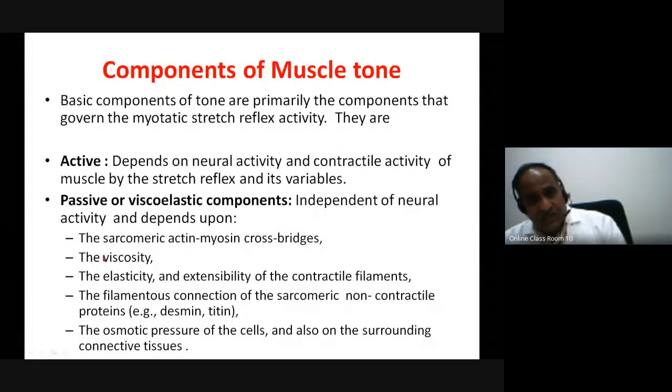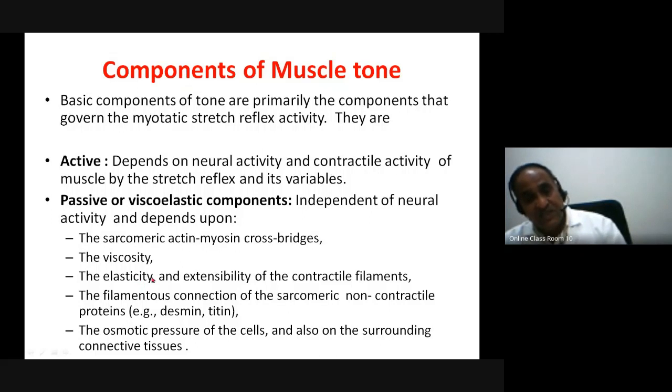So thus, they will depend upon the sarcomeric contractile protein, that is the actin and myosin cross bridges, the viscosity of the muscle tissue as such, that will offer resistance, because even it offers the resistance passively. And the elasticity of the muscle itself, because the muscle is having both elastic and plastic components.